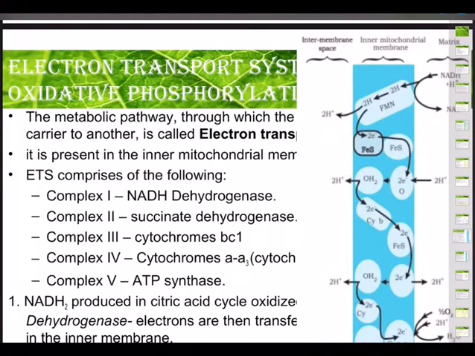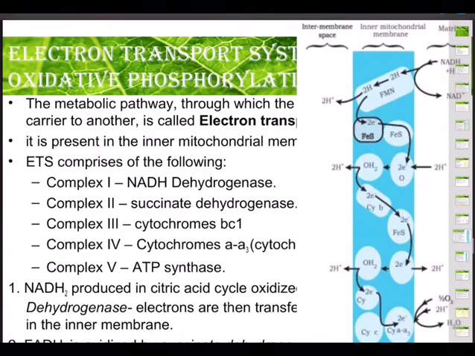And this ETS, just like a building having first floor, second floor, third floor, has 5 complexes. Complex 1, NADH dehydrogenase, that is NADH coenzyme Q reductase, or NADH dehydrogenase complex. Second one is succinate dehydrogenase complex.